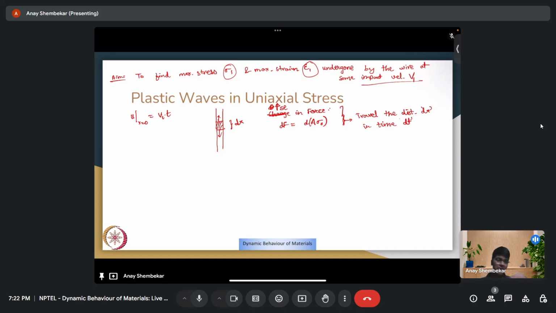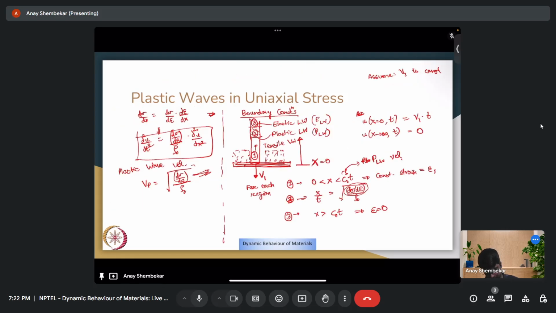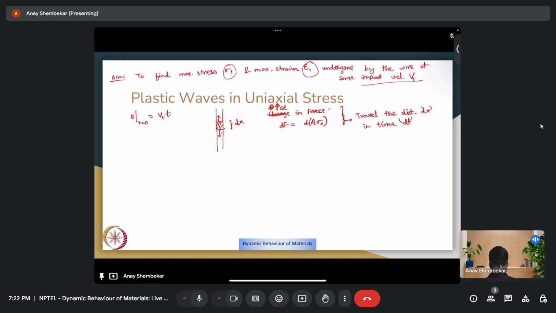Your plastic wave is moving forward, so it will have a wave front, and the change in stress will move at a certain velocity given by the plastic wave velocity that we found previously. We are trying to quantify how much time it takes for that particular stress wave at some stress sigma to travel a small distance dx.